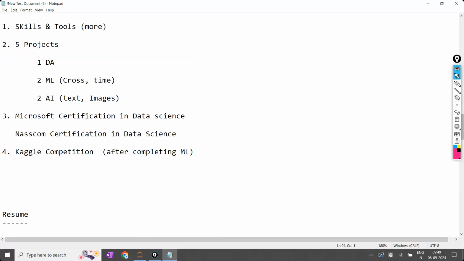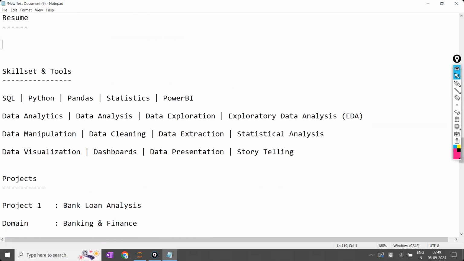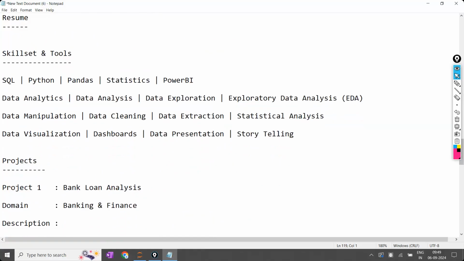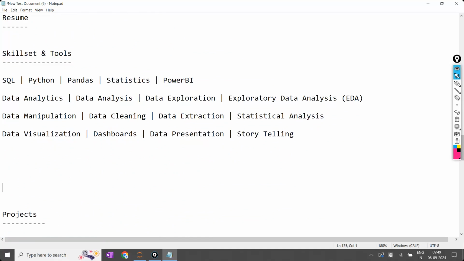Now, next, coming to your resume. In the resume, you are going to keep the skills and tools. So by the end of this course, these are all the skills that will be added in your resume.